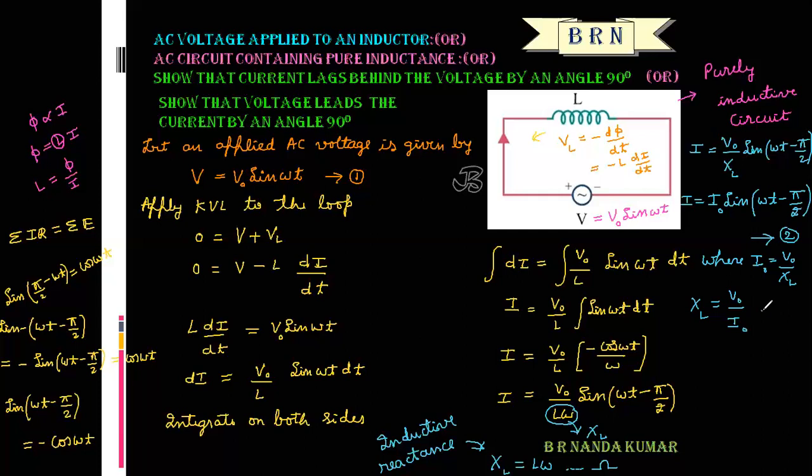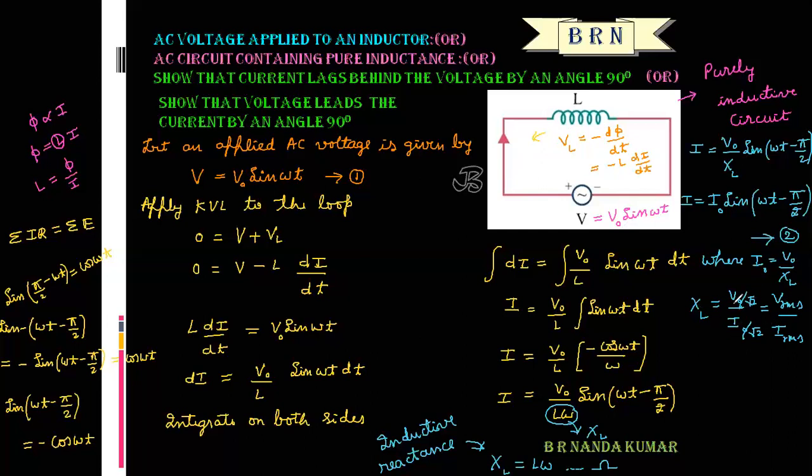This can also be written by dividing by root 2 in both numerator and denominator. So V naught divided by root 2 is V RMS, and I naught divided by root 2 is I RMS. The ratio of the RMS value of voltage across the inductor to the RMS value of current flowing through the inductor is called inductive reactance.